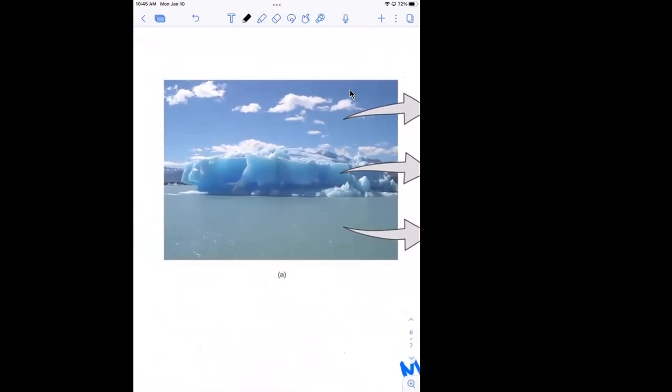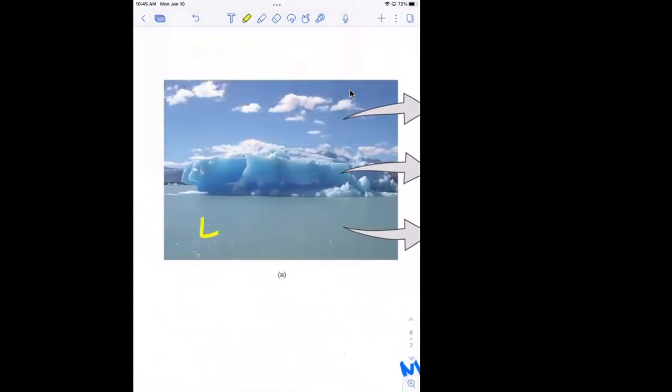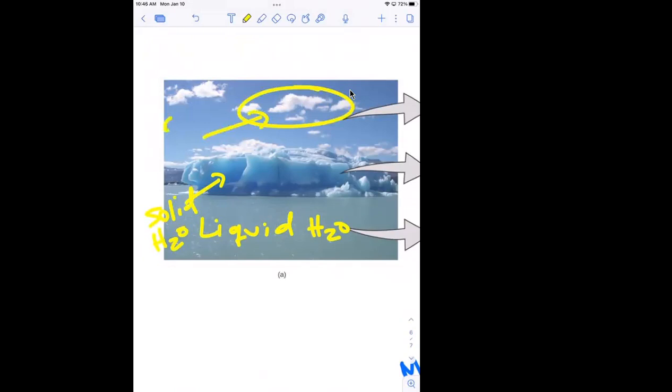So in the example right here, you have liquid H2O. You have solid H2O in the form of ice. And then you also have gaseous H2O.